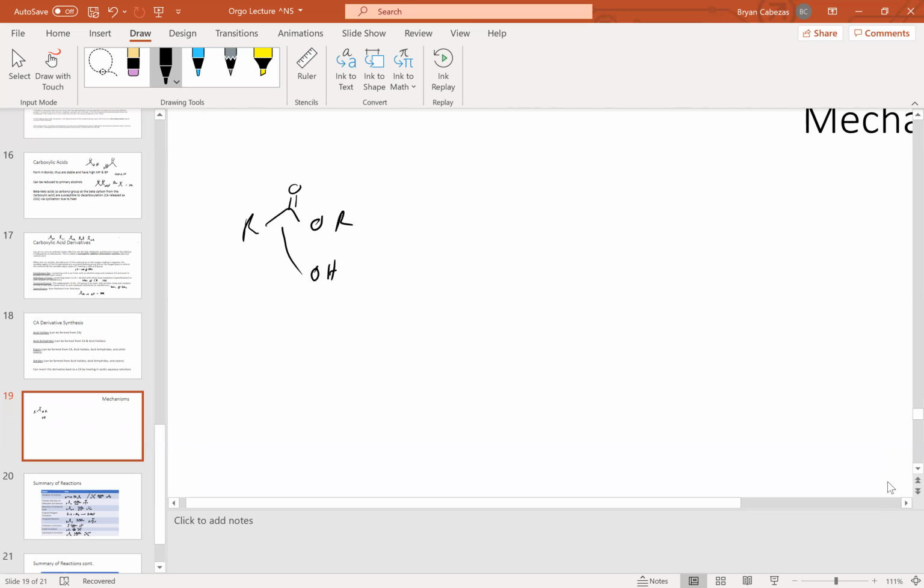Well, the base is decently nucleophilic. We don't really need to prepare this carbonyl carbon to make it super electrophilic, because it's a really strong nucleophile. So those electrons just pop up onto the oxygen. We have a negatively charged oxygen here, an OR group here, and an OH group here.